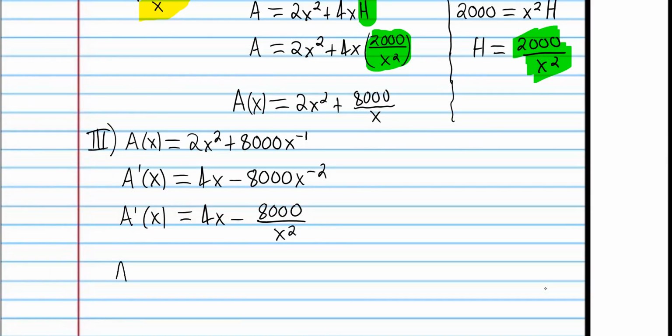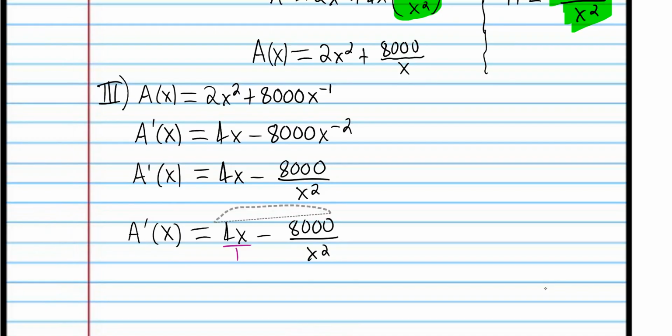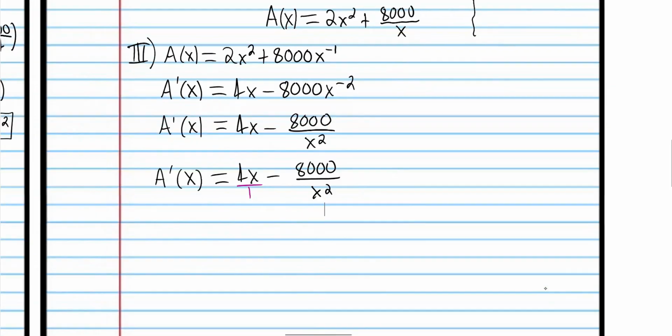Now I'm going to continue further. We want to find the critical numbers. Remember, the critical numbers are the possible places where you can have a maximum or minimum value. And the best way to do that is to combine these terms into one expression. So I'm going to get a common denominator, and I want you to be very aware that you don't have to show all these steps.